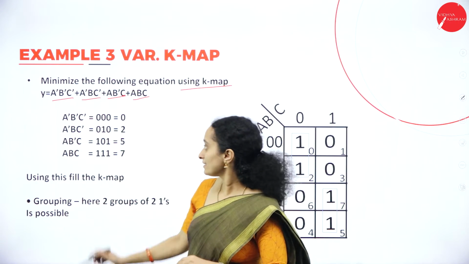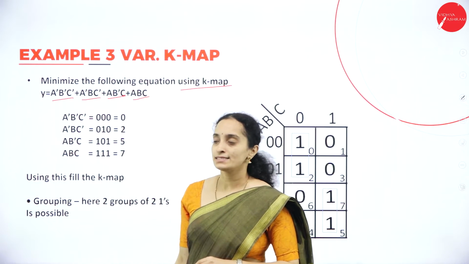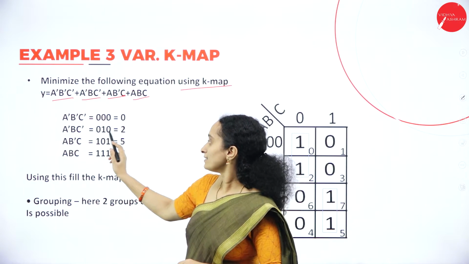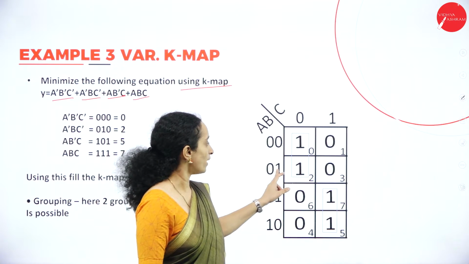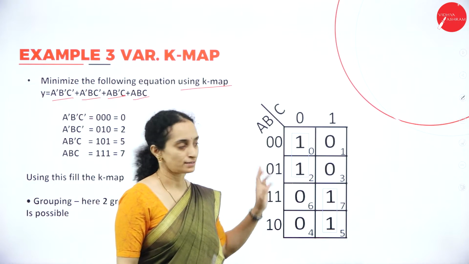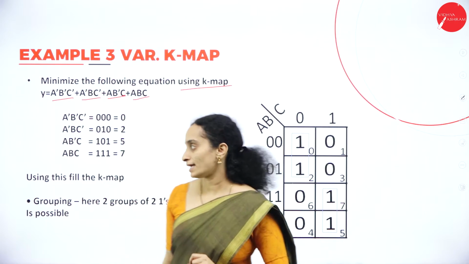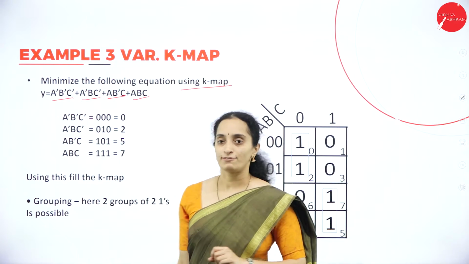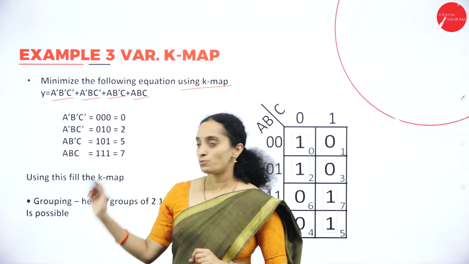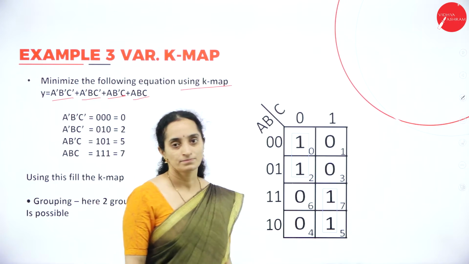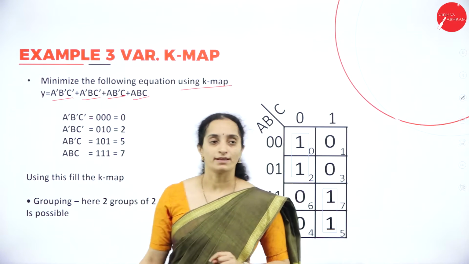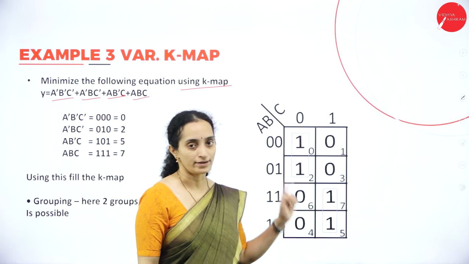1 will be set. Next, you have A dash, B, C dash, 0, 1, 0. That is 2, 0, 1, 0 here. 2 will be represented as 1. Then 5. 5 is 1, 0, 1. Then 7, 1, 1, 1. Okay.